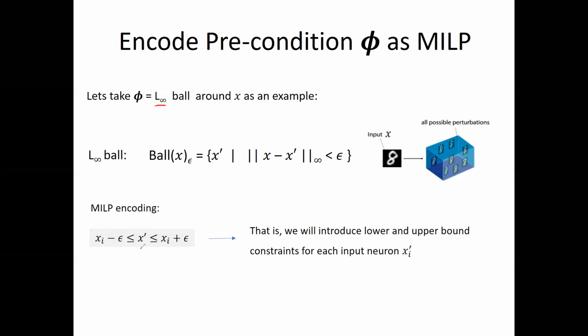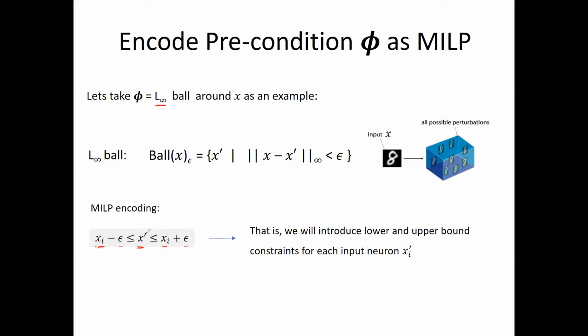So if we have the L infinity ball with a radius of epsilon, the constraints that we would generate in the case of the MILP instance, let's say for every pixel, every pixel is going to be in some range. So let's say that the original pixel value is xi, then some value of epsilon, then the new value of the pixel, let's say pixel 50, then x prime, which would be the pixel 50.